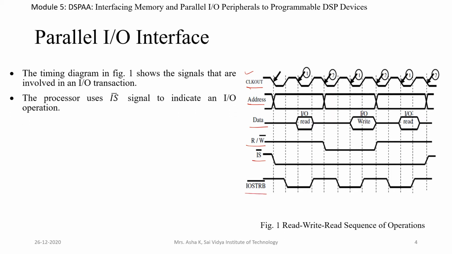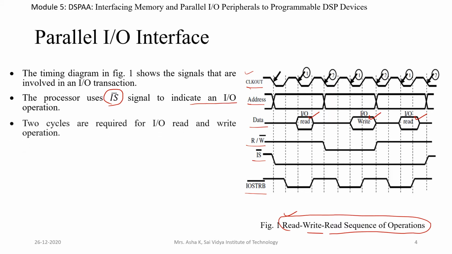The operation considered here is a read, write, read sequence: input-output read, input-output write, and again input-output read. How it is affecting these signals, we will discuss now.